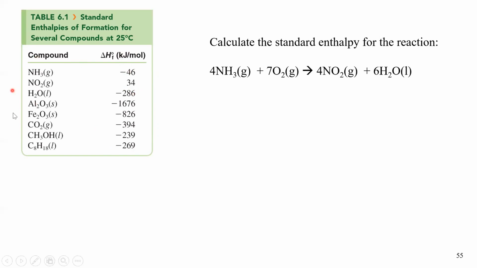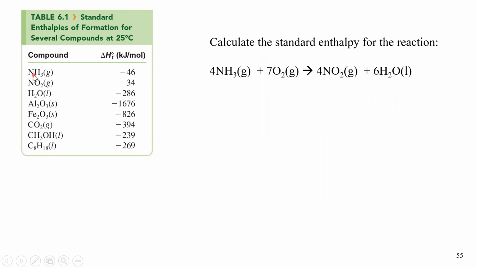So we're going to use this information to come up with the enthalpy of reaction for this reaction. Now, we're not forming 1 mole of a compound from its elements this time. So what we're going to be doing is taking the sum of the products and subtract the sum of the reactants. And we're going to be multiplying all of these numbers by the coefficient in the balanced equation.